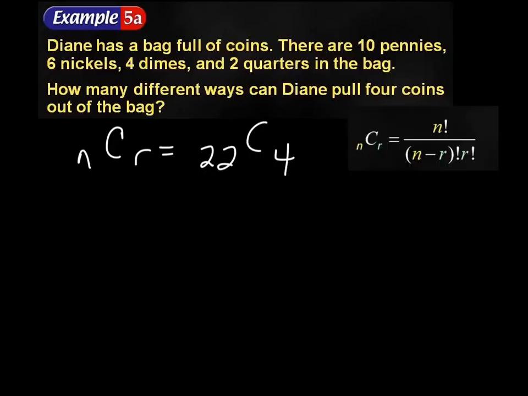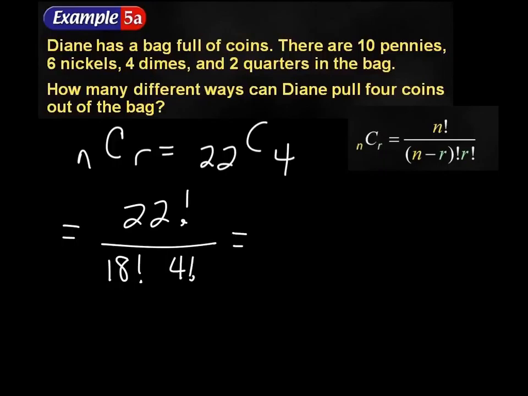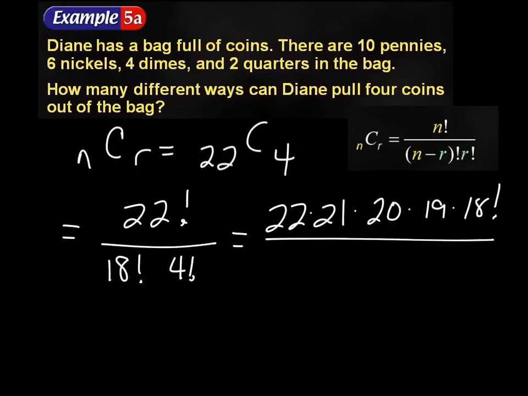So plugging into the formula, we've got 22 factorial over 22 minus 4, which is 18 factorial, times 4 factorial. And again, 22 times 21 times 20, 19, and I'm going to get lazy and stop at 18 factorial because I have an 18 factorial there, and 4 times 3 times 2 times 1.